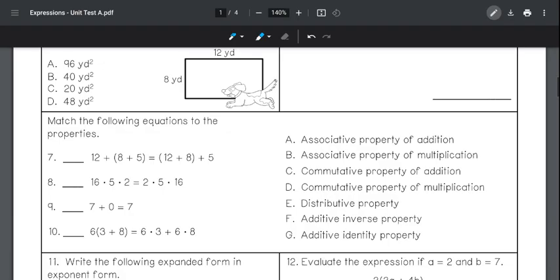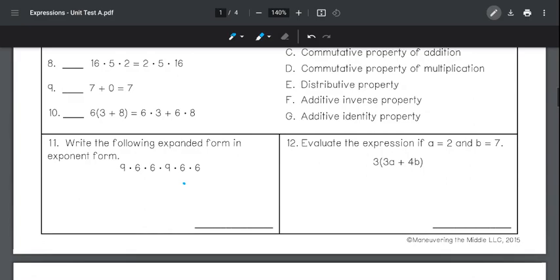A, the associative property of addition, B, the associative property of multiplication, C, the commutative property of addition, D, the commutative property of multiplication, E, the distributive property, F, the additive inverse property, or G, the additive identity property.